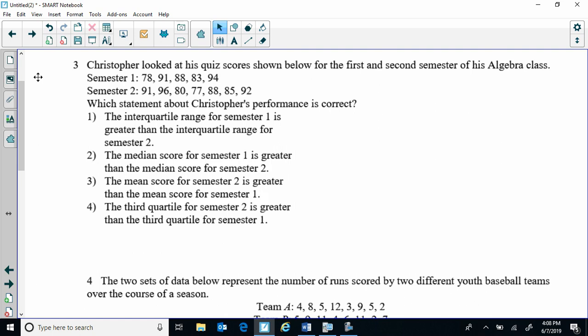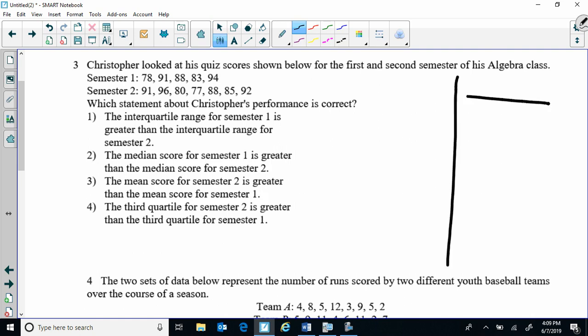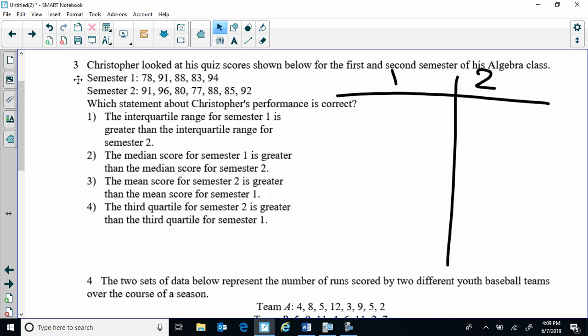All of those words, quartile, mean, median, or standard deviation if it were in there, would be found using 1 var stats on our calculator. So what you would have to do is take one semester at a time, and put those numbers into your calculator.